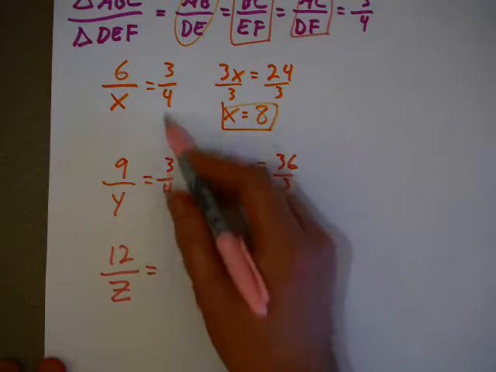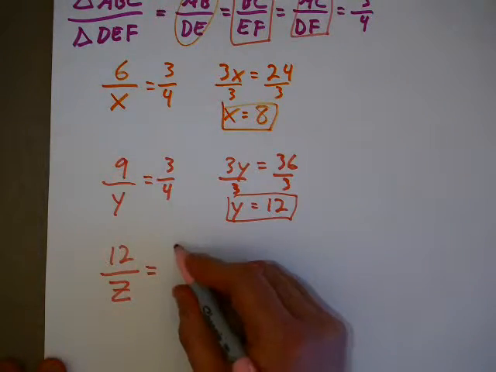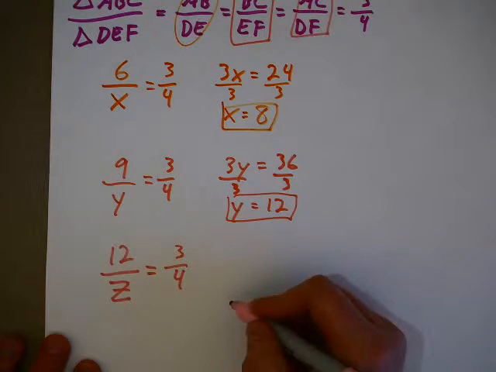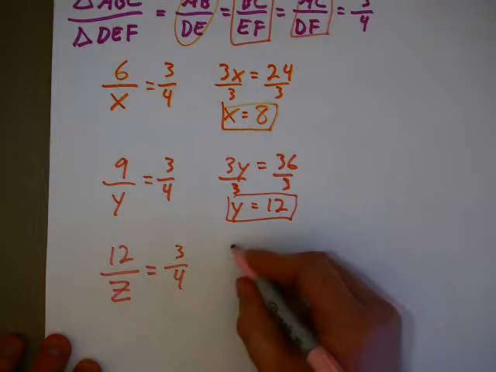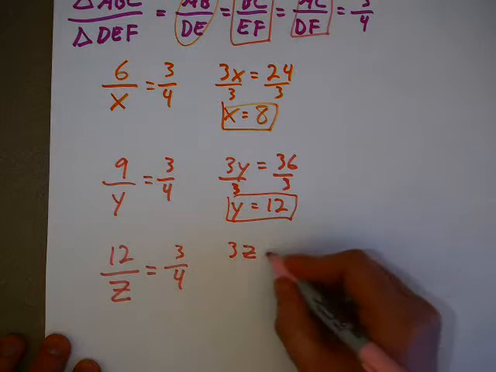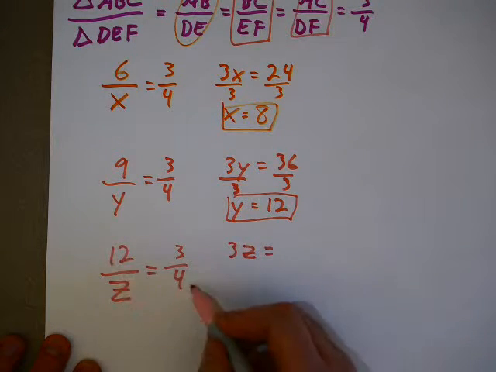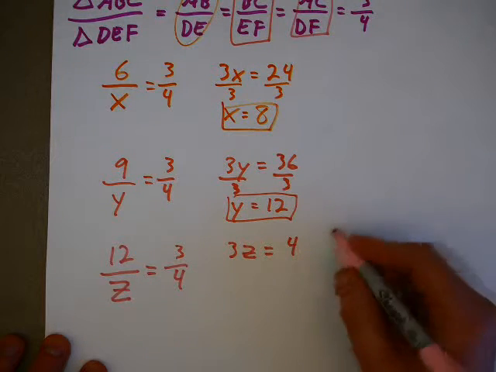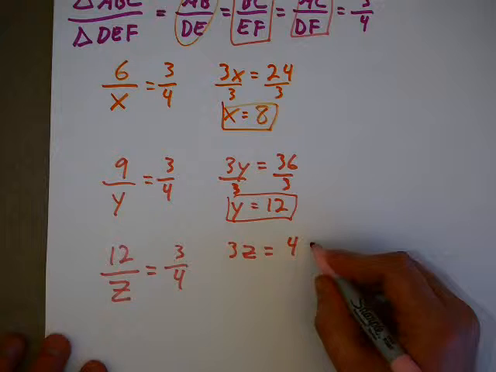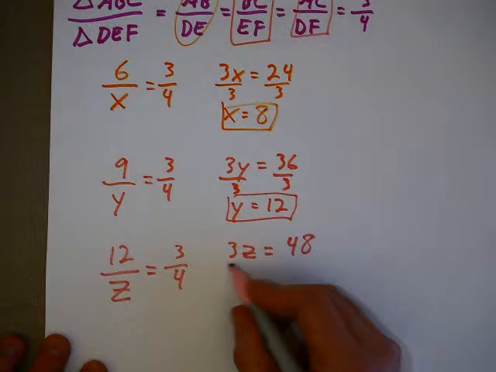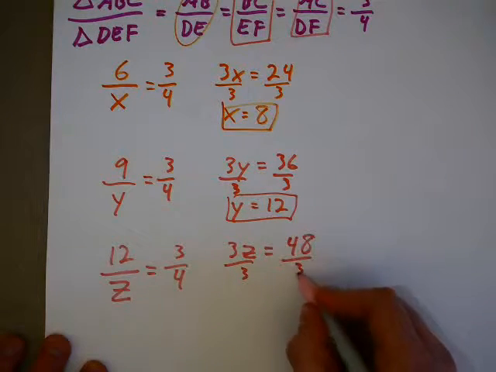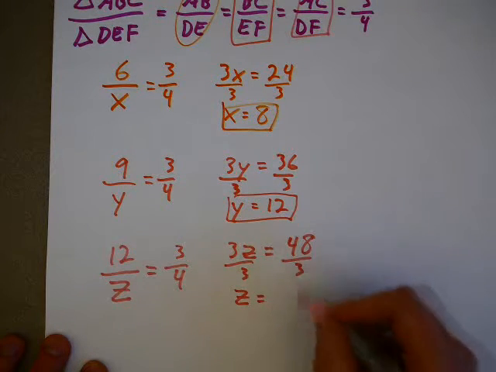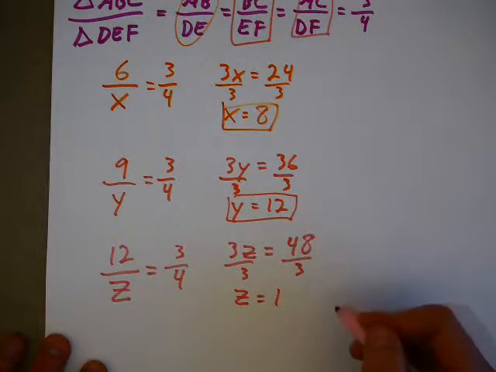And again, our same scale factor of 3/4. So I'm going to multiply 3 times z, and that's going to equal 12 times 4, which is 48. And divide both sides by 3. And so z is going to equal, 3 goes into once.